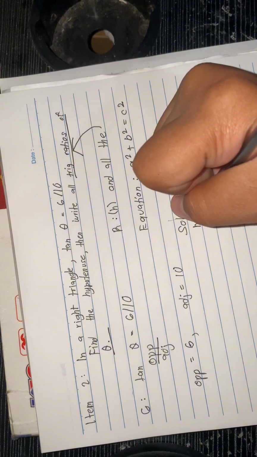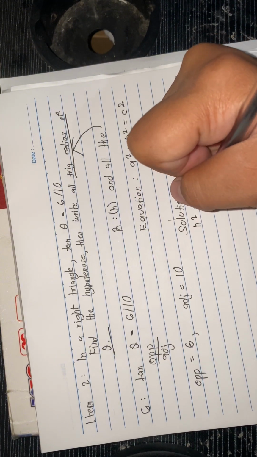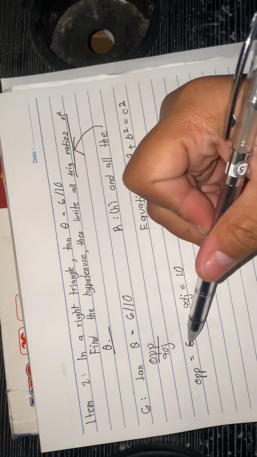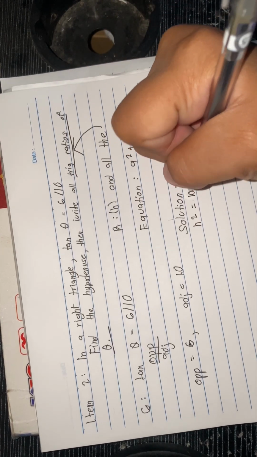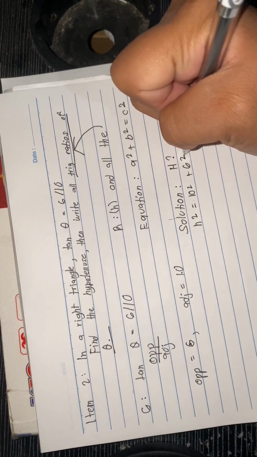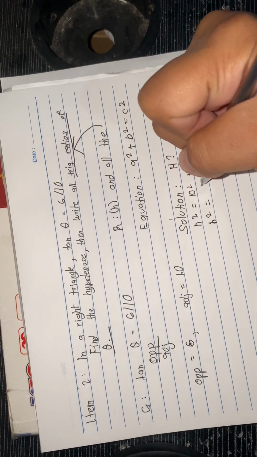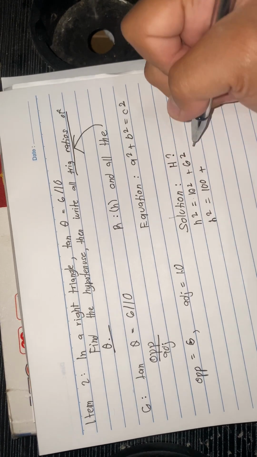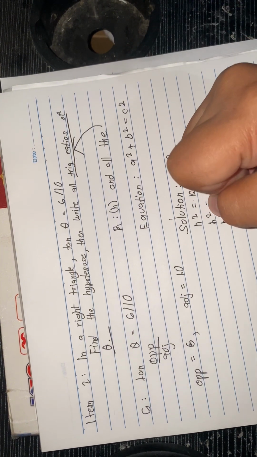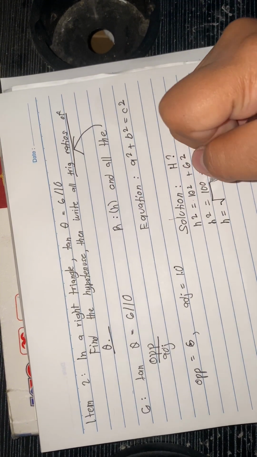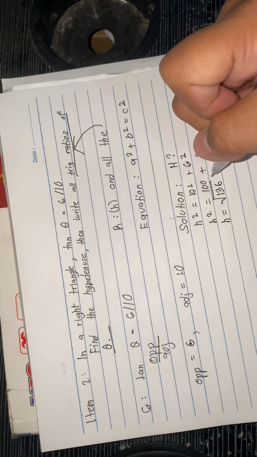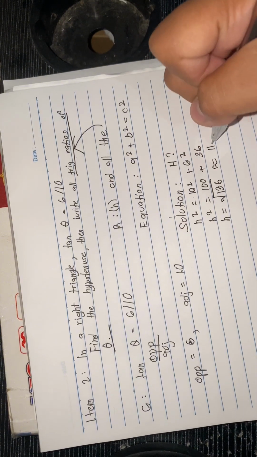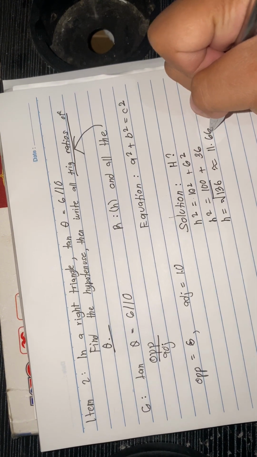So we will use h squared is equal to, our two legs are 10 and 6. So 10 squared plus 6 squared. H squared is equal to 10 squared is 100 plus 6 squared is 36. So h is equal to square root of 136, and the square root of 136 is 11.66.